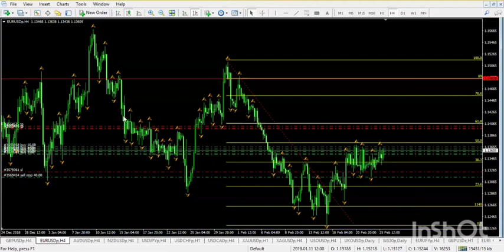You see, I have one here and one here, but this is not a swing low because it's inside the trend, but I have a swing low here.